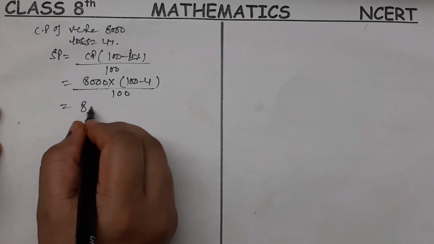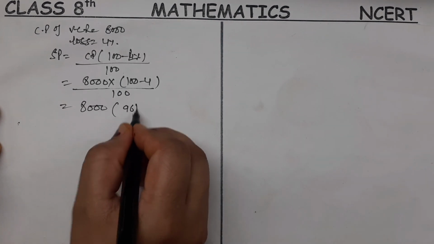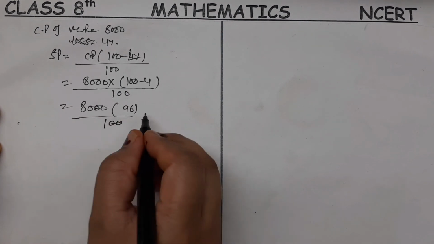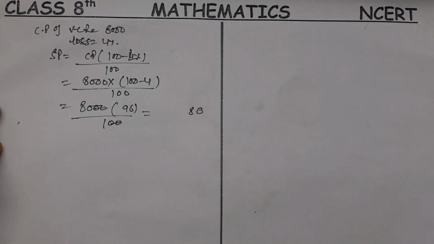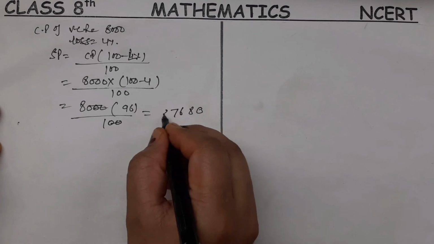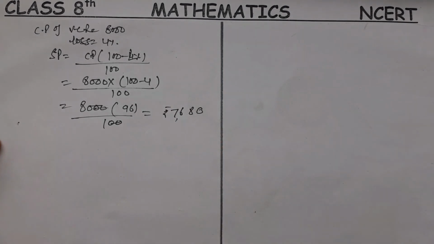Put the values. Now multiply. We have rupees 7,680.